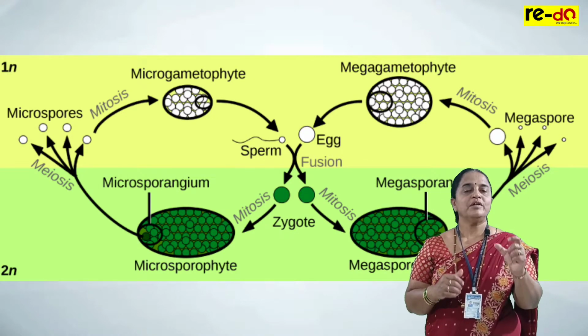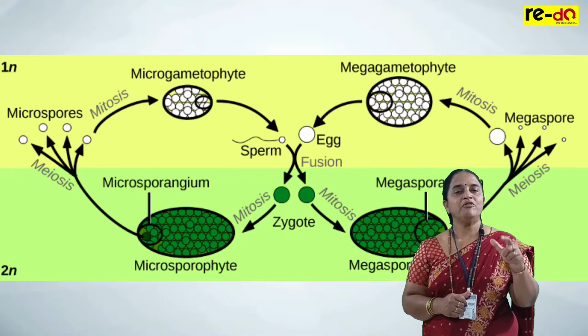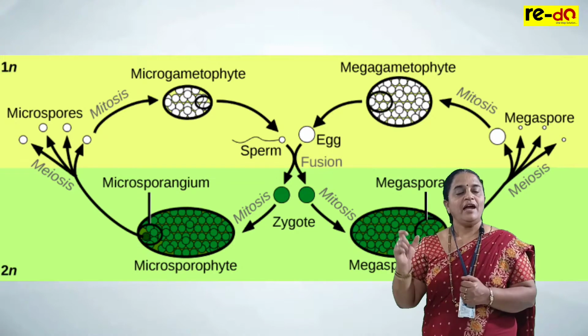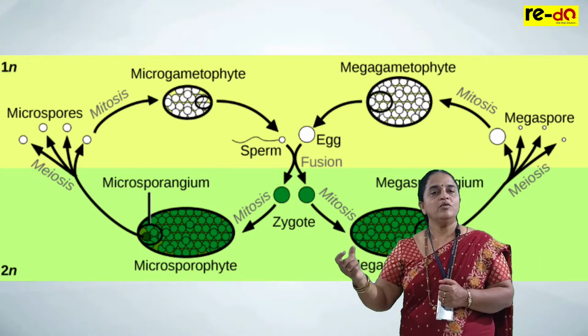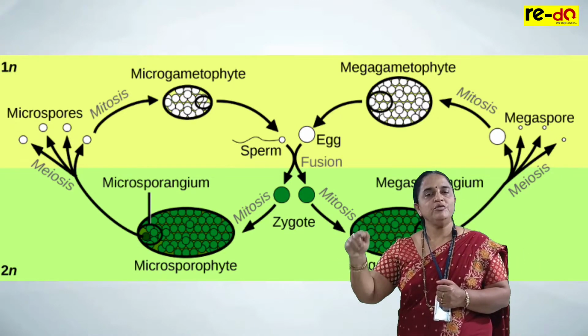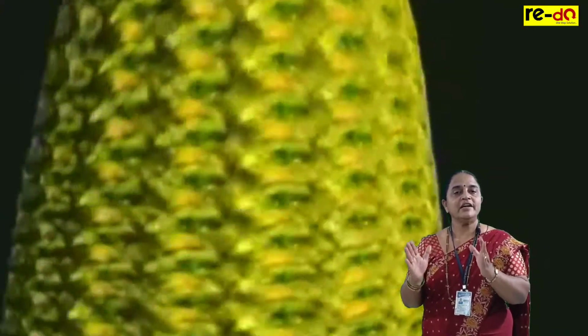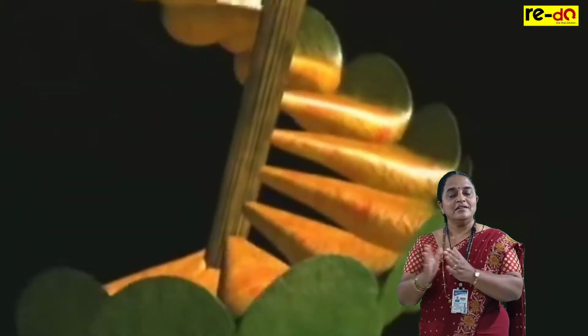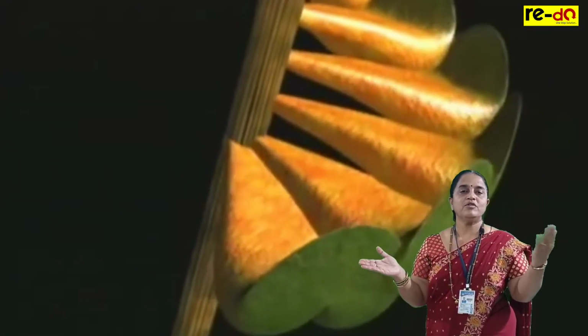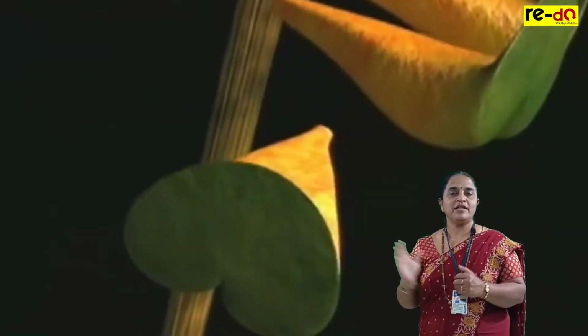Now, microspore represents the male gametophyte, which encloses a male gamete, and megaspore encloses the female gamete within the nucellus. So here we can see gametophyte is a highly reduced stage and differentiated as microsporangium and megasporangium.